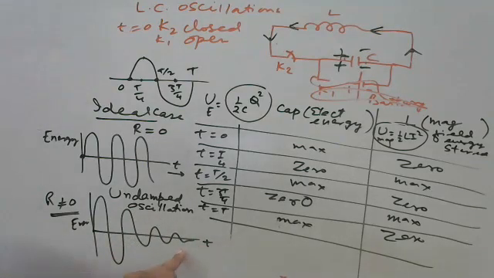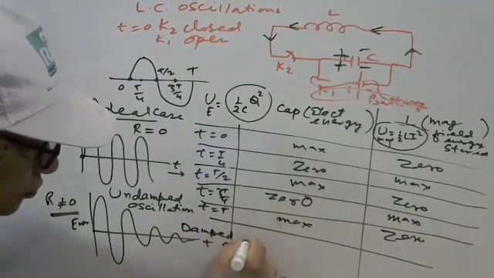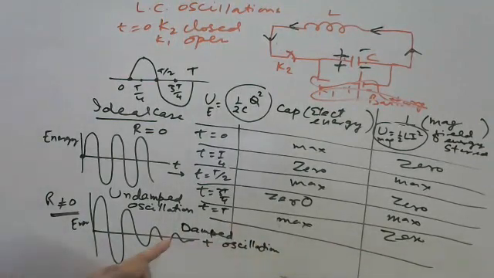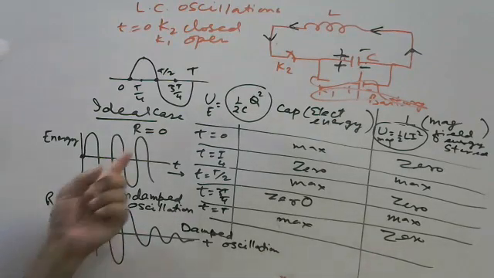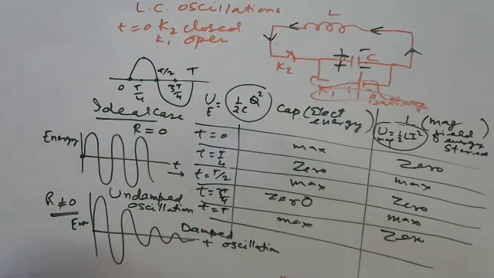You can say it is damped oscillation. If resistance is very high, this energy is lost quickly, because it is highly damped oscillation. It depends on the resistance in the circuit. If it is the ideal case, there is no loss of energy. It is called undamped oscillation.